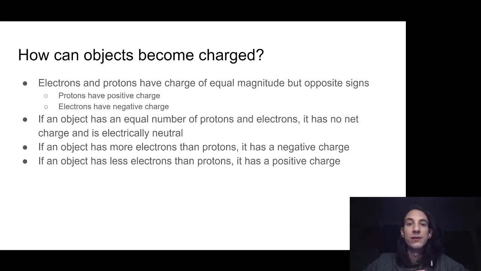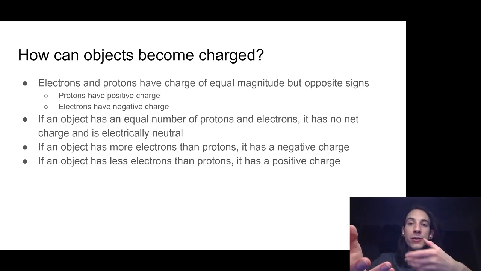Electrons and protons have an equal magnitude of charge, but opposite signs. We know that protons have positive charge and electrons have negative charge. And if we come across some macroscopic object with an equal amount of protons and electrons, then there's no net charge and this object is electrically neutral.